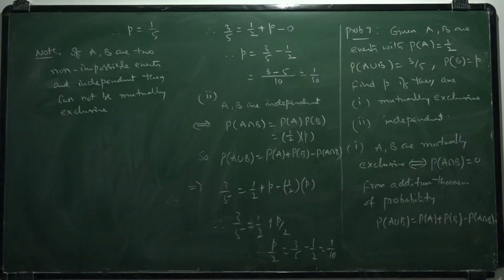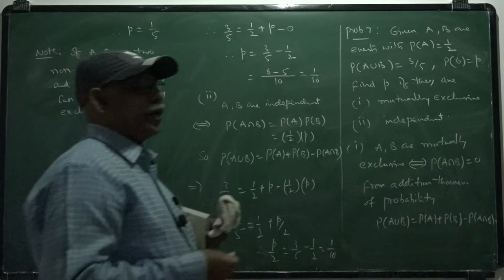Mutual exclusiveness need not imply independence of the events. Mutual exclusiveness belongs to the same sample space, but independence of the events need not belong to the same sample space. So these are the differences between mutually exclusive events and independent events.